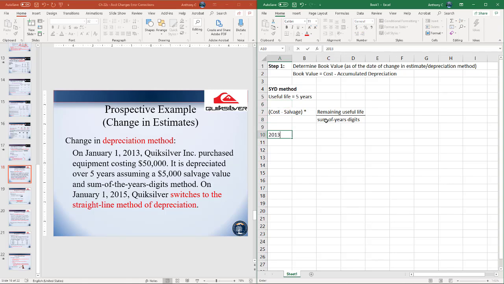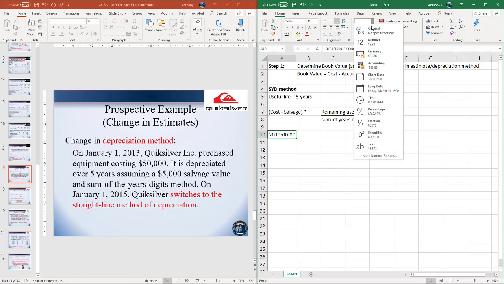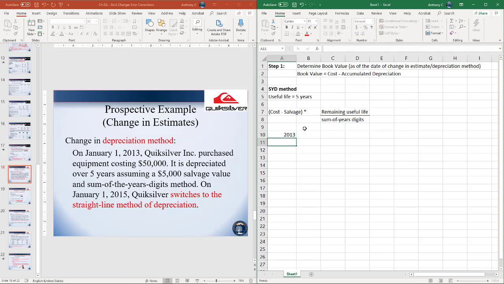So for 2013, we'll just apply this formula here to this example. So the cost here is $50,000, and the salvage value is $5,000. 2013 is the first year the company purchased this, so since it has a 5-year useful life, we still have 5 years remaining of useful life.